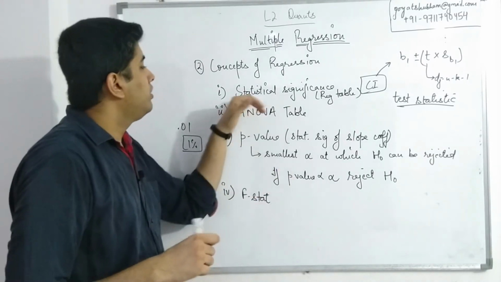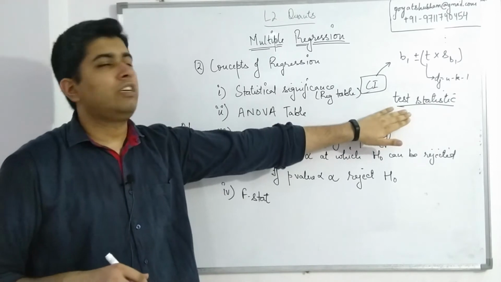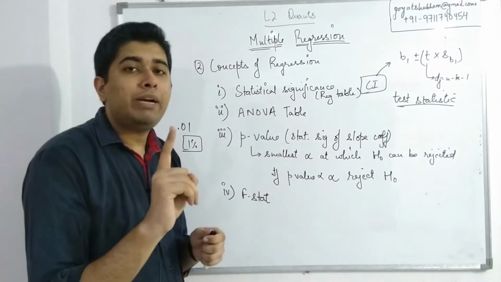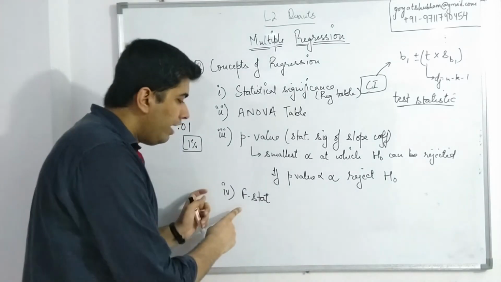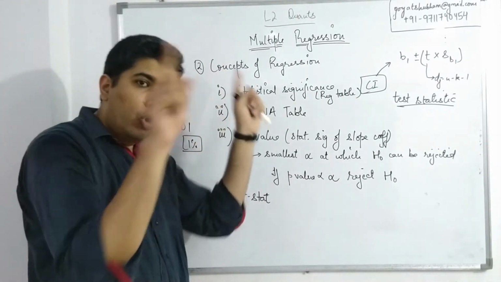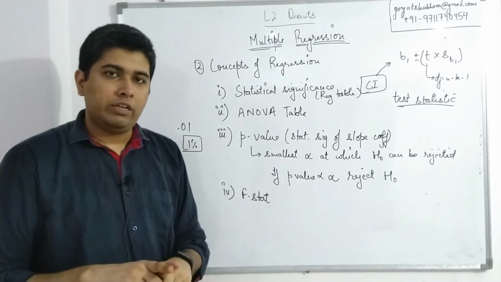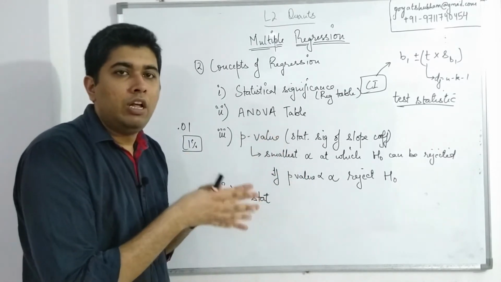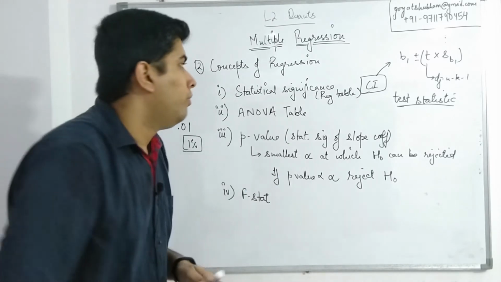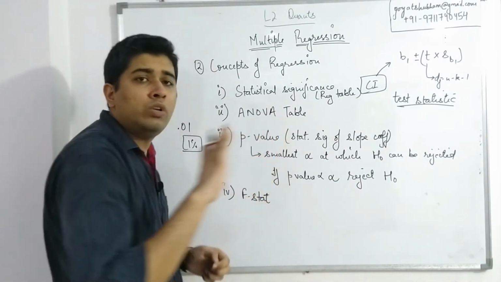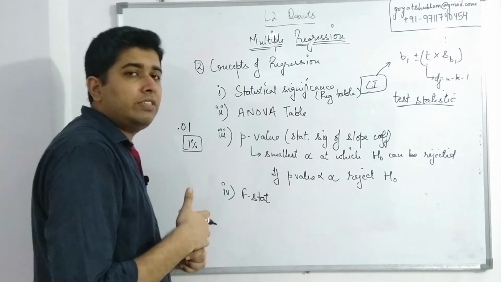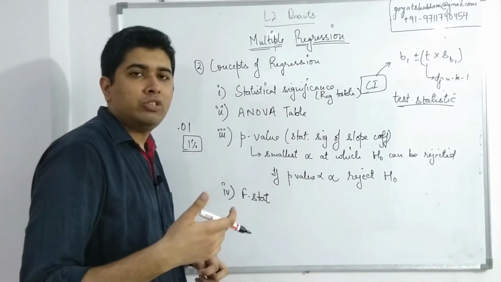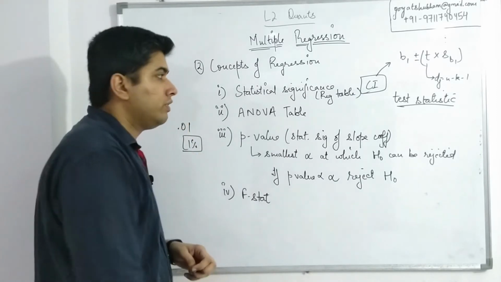Mind you, so far, p-value, confidence interval, test statistic, all of these are checking statistical significance of one independent variable at a time. F-stat is checking whether all independent variables taken together are explaining the movement of my dependent variable or not. So for f-stat, the decision rule is the same as linear regression: if this value is greater than the critical value you get from the f distribution, you will reject the null hypothesis.